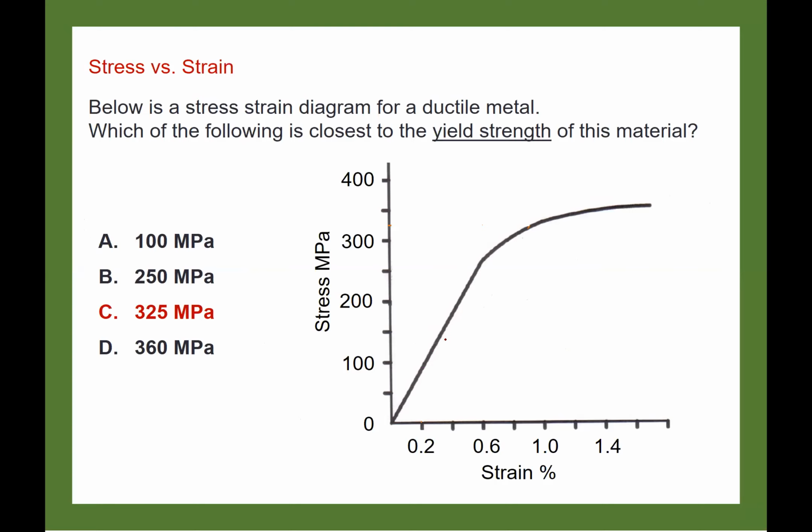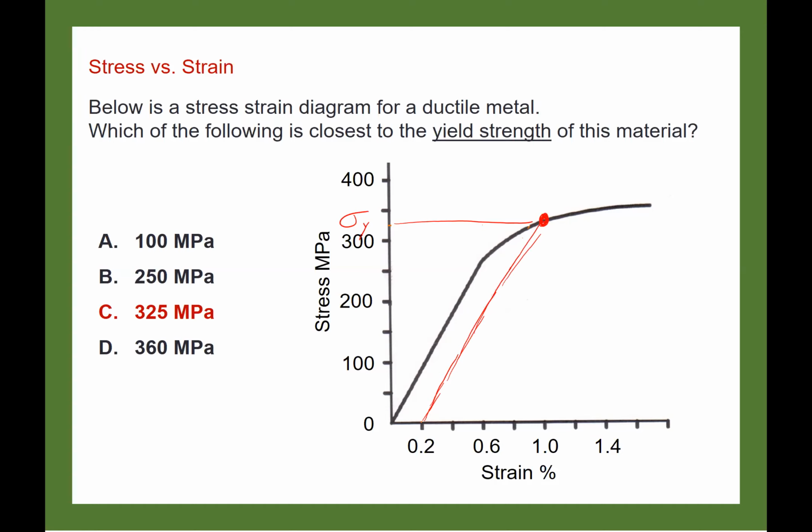If you're looking at a stress strain curve and you're asked to calculate its yield strength, you don't actually calculate anything, right? This is reported in percent, so we go to 0.2% by convention, draw the line where it intersects the stress strain curve, and read that off as our yield strength.